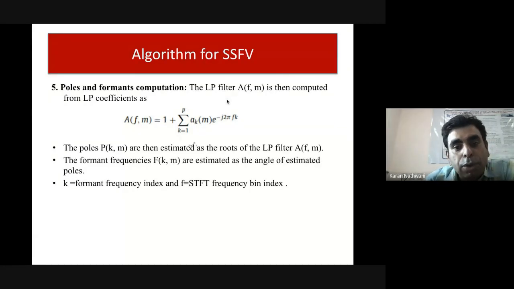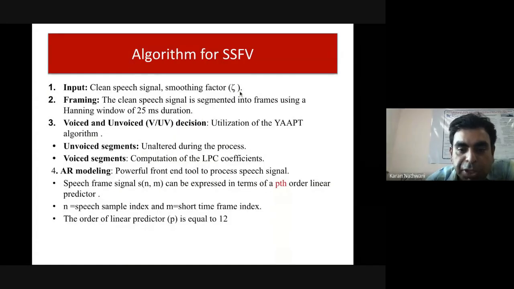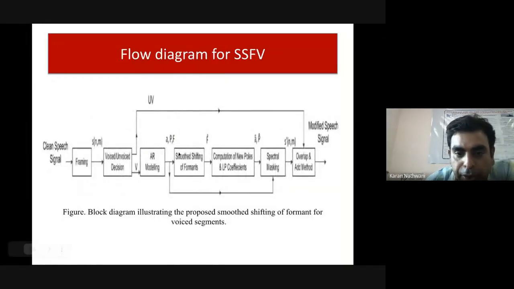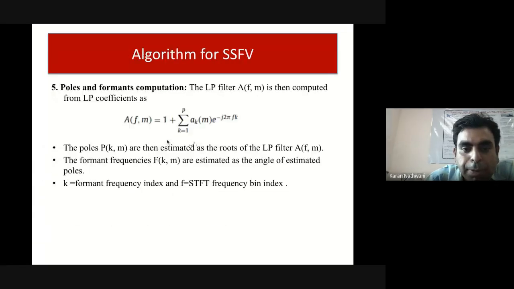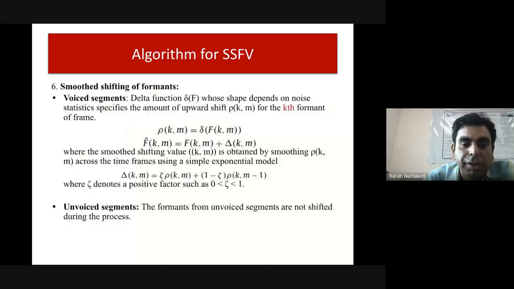For that, we compute the spectrum of the LP coefficients, the A's computed here. You take the spectrum of it, so that becomes capital A, for each frame, where m corresponds to the frame and f is the frequency. From here you compute the poles and the formants, which is exactly the same as being done in the previous case.